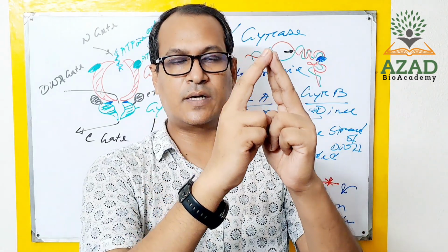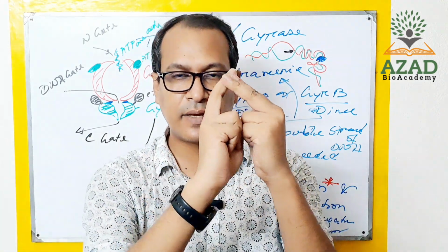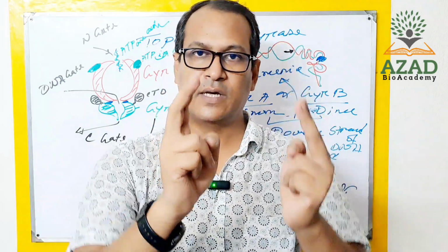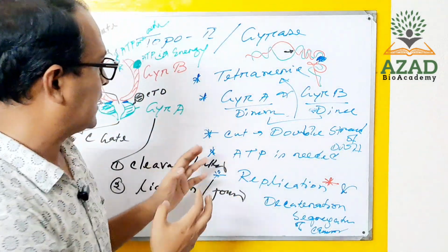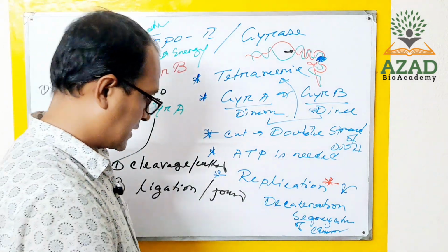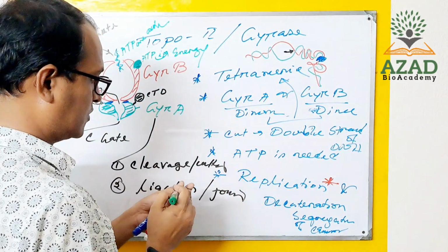It will form a negative supercoil, and then finally helicase enzyme will easily make it unwind. So the double strand DNA will be cut by the gyrase enzyme, that is topoisomerase 2.